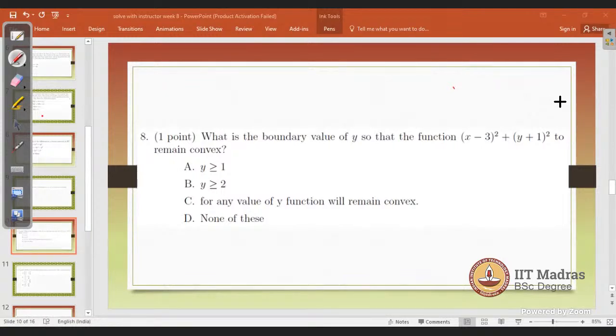One more thing is that the y plus 1 whole cube answer is not in these options. I just simply told you to try. Yes, that's correct.